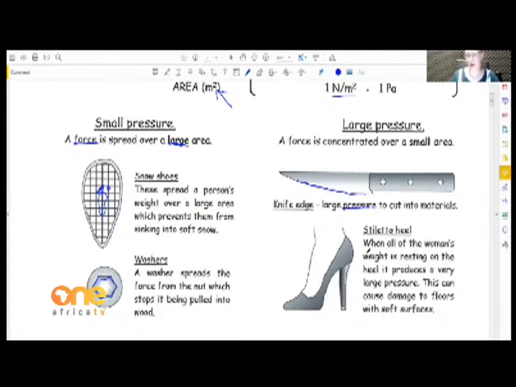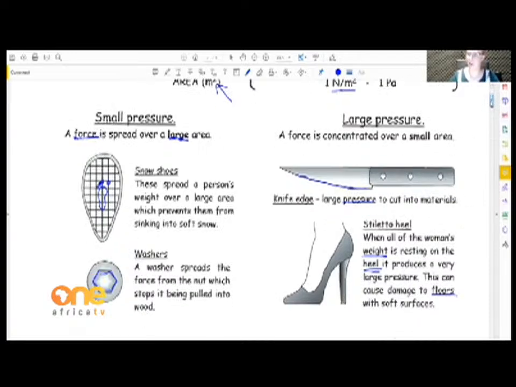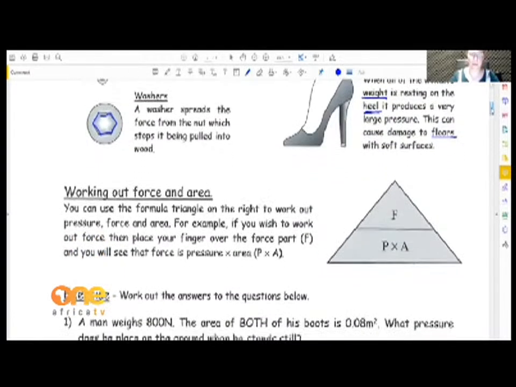This is also why wearing high heels is very bad for your health, because all of your weight, all of the force that is pulling you down to the earth is resting on your heel. And this does quite a lot of damage to your ankles specifically, and also to floors and things with soft surfaces. This is how you can literally sink into muddy soil or something.